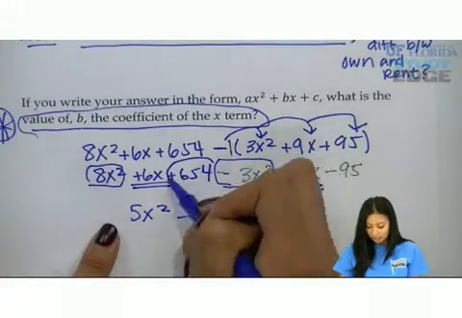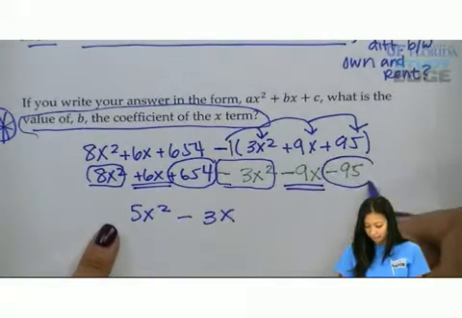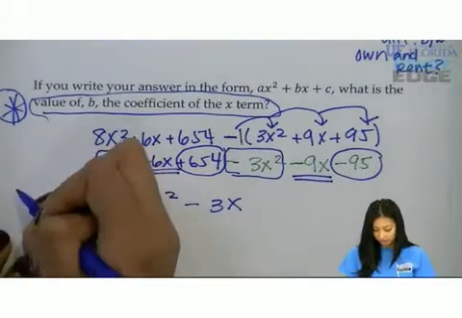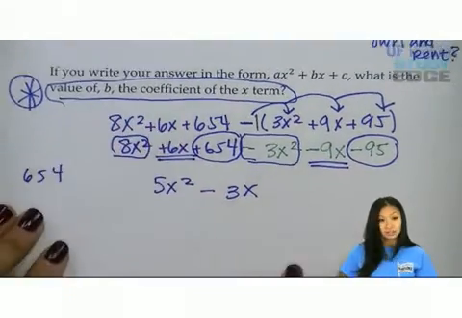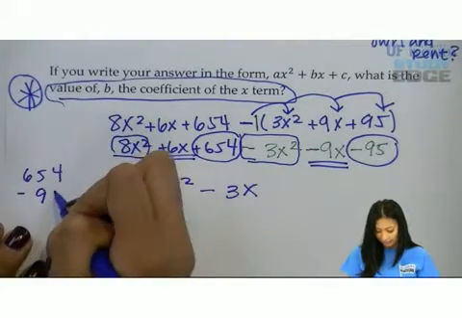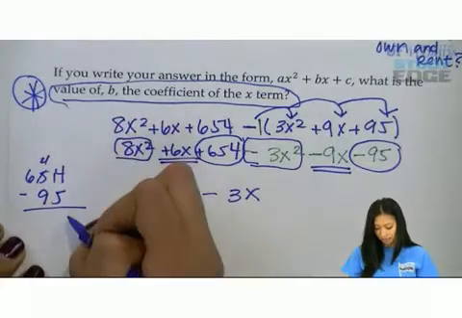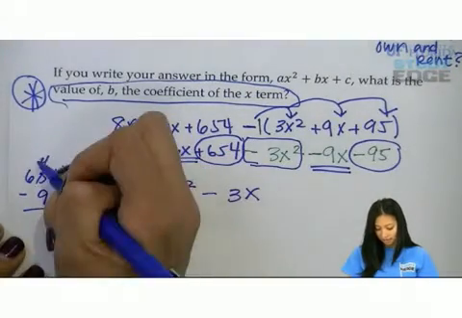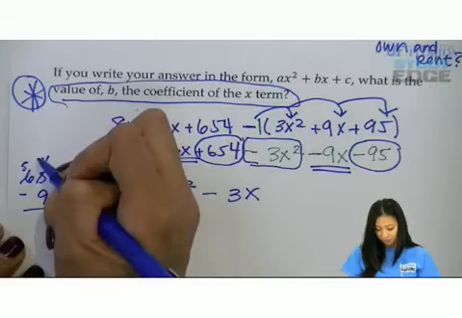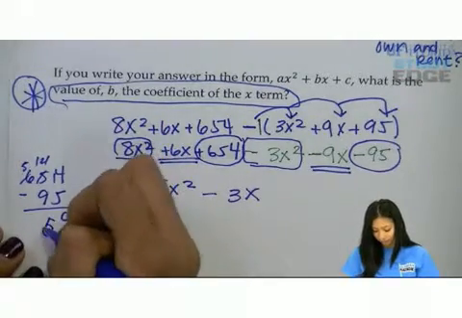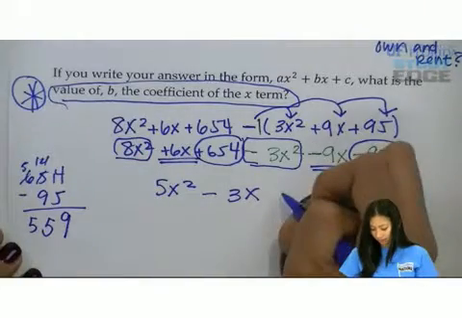And finally, 654 minus 95. You could bust out your handy-dandy calculator, or you could be like me and just do this on the side. 654 minus 95. All right? Borrow the 1. 14 minus 5 is 9, right? Borrow. 14 minus 9. Well, okay, that's 5. And this is 559.